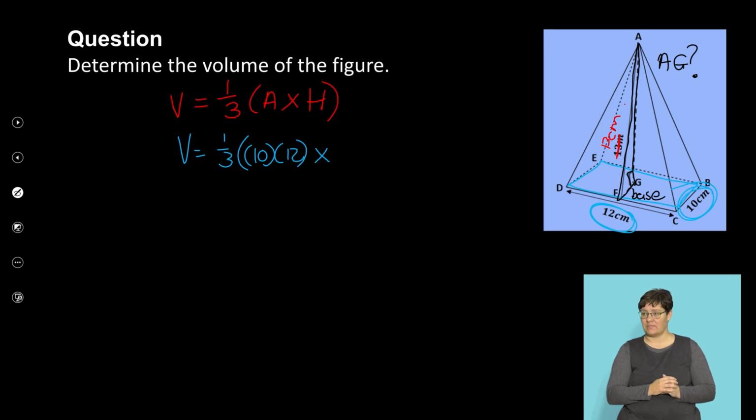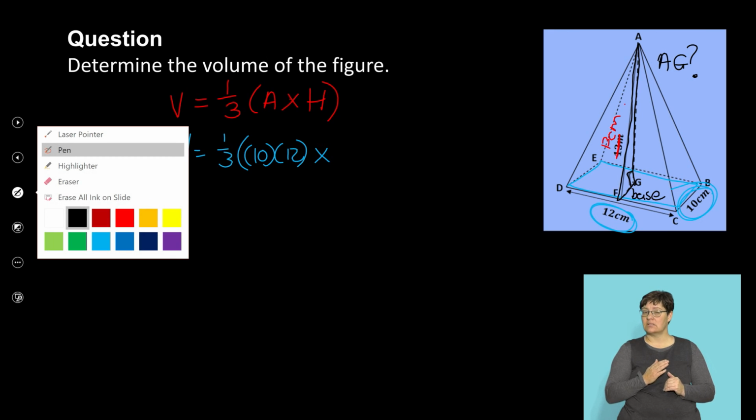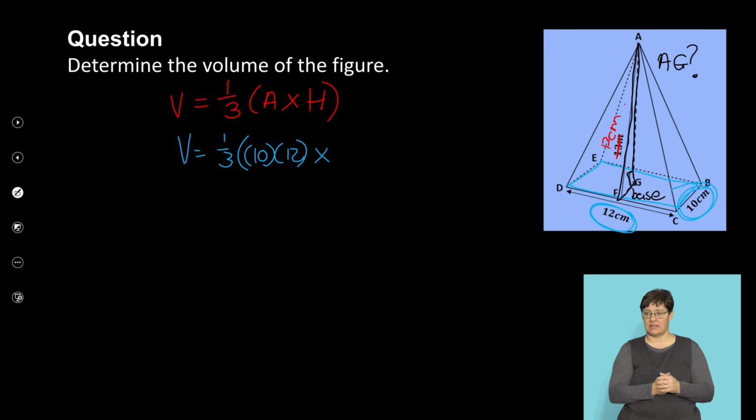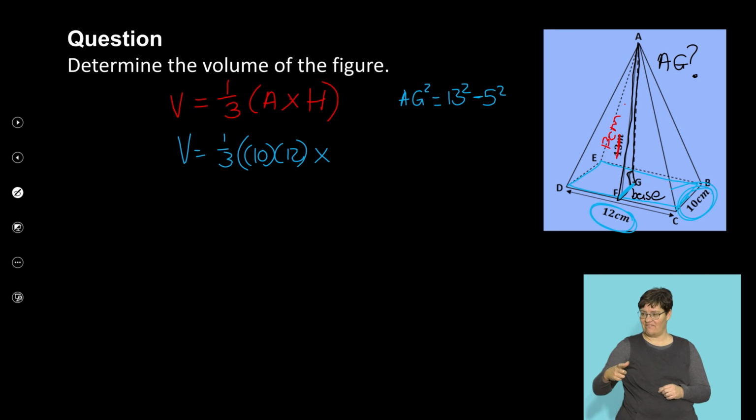So if I'm going to be calculating my perpendicular height, we can say that AG squared will be equal to 13 squared, because that's my hypotenuse squared, minus 5 squared. And the reason why I'm saying minus 5 squared is because FG is half of 10 centimeters. So the base is going to be 5 centimeters, because we know that the perpendicular height will occur in the middle of the rectangle.